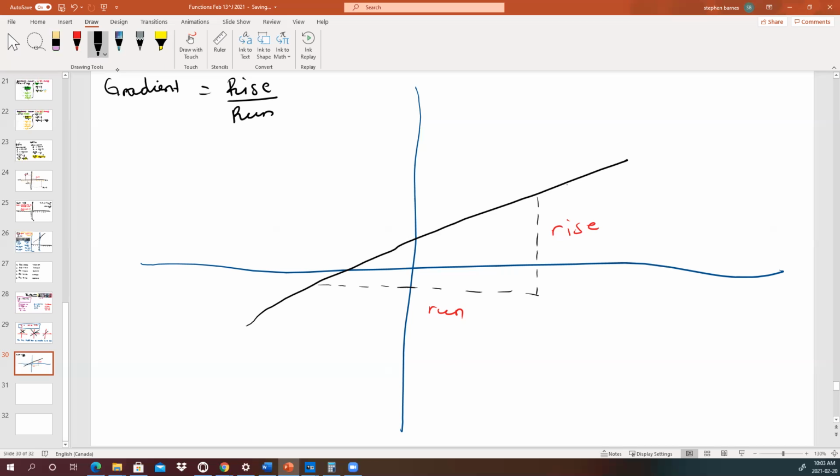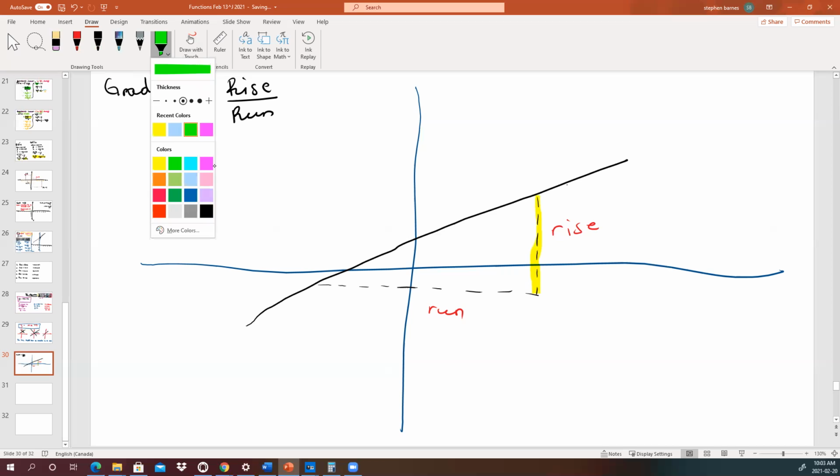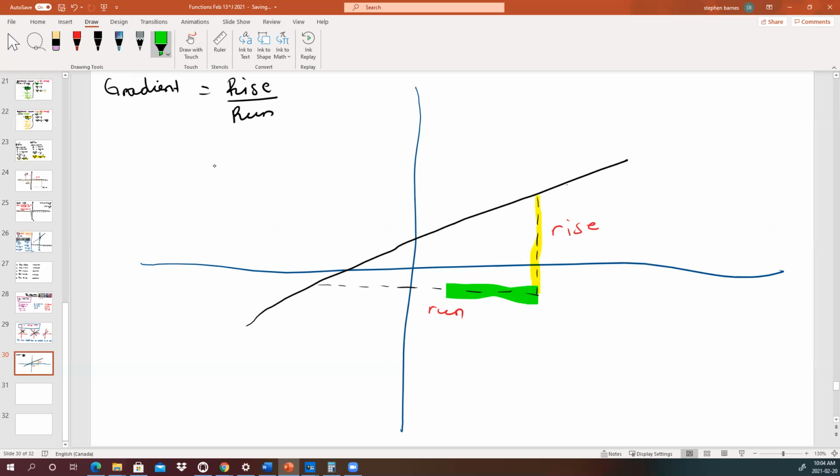So this here would be the rise. You would measure that with your ruler for your rise, and then from here to here you would measure with your ruler to get the run, right?